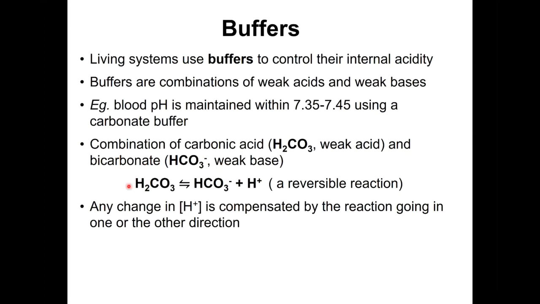Now, when you have both of these molecules present in your blood, you can control both an increase and a decrease in protons by having one of the two molecules convert into the other one.